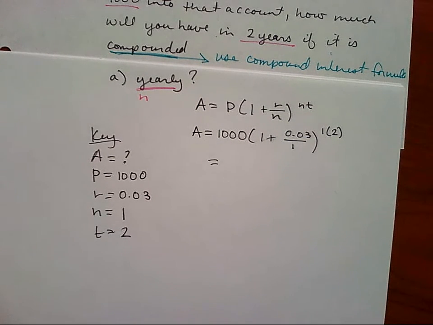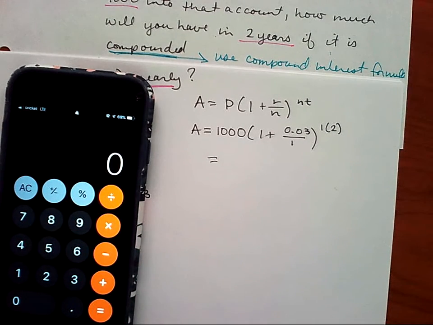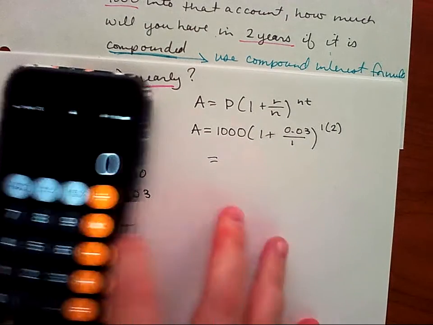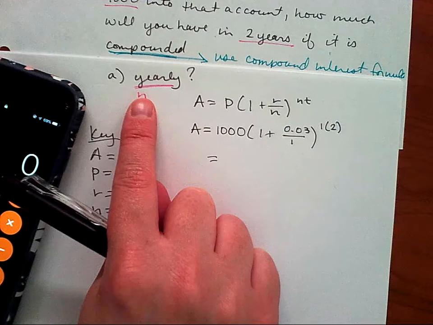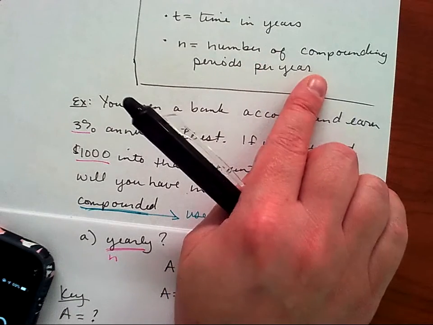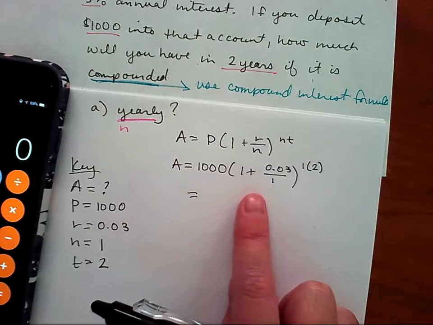How do I do that? All right, help me out. N is the number of compounding periods per year. It says it's compounded yearly, which means 1 time per year. So make sure you know that N is the number of compounding periods per year. Somebody help me, how do I plug this in?